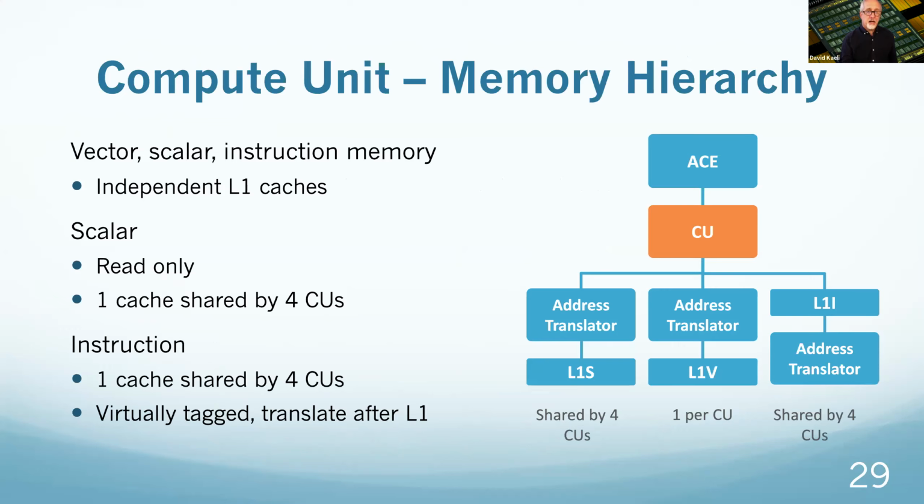And then in terms of the memory hierarchy, we have vector, scalar, and instruction memory. So we have independent L1 caches. For scalar, it's read-only, and it's 1 shared for 4 compute units. And for instruction, there's 1 cache shared by 4 compute units, and it's virtually tagged. So we have to translate after the L1.